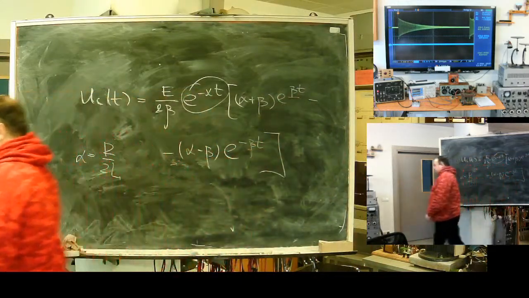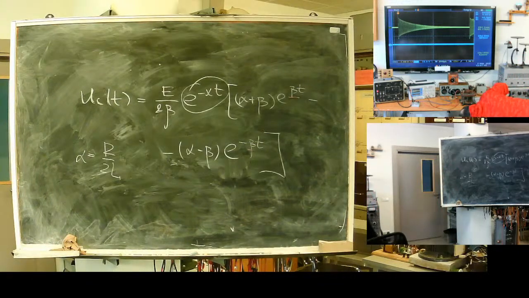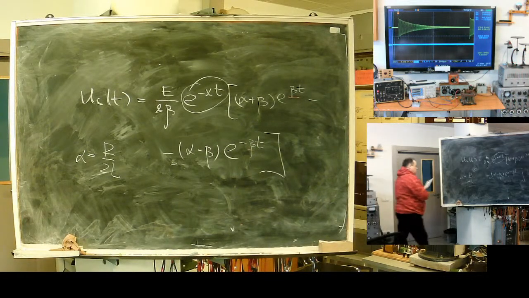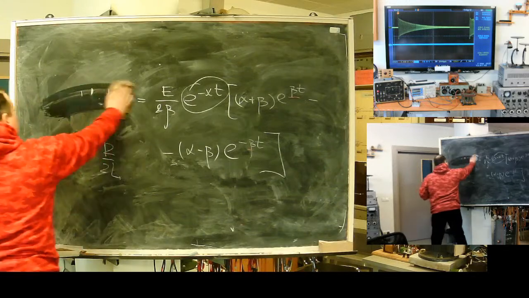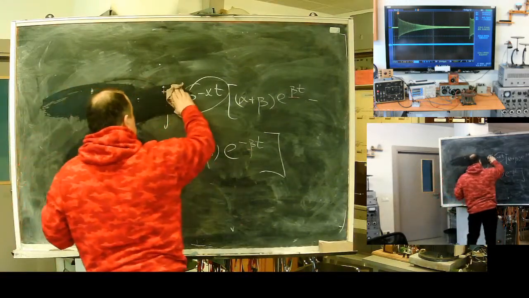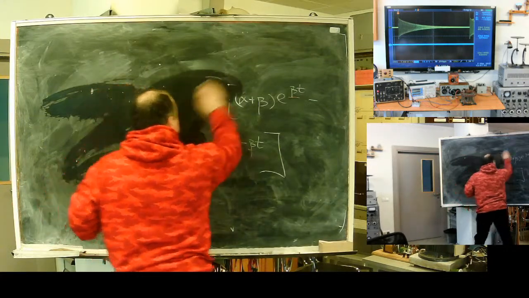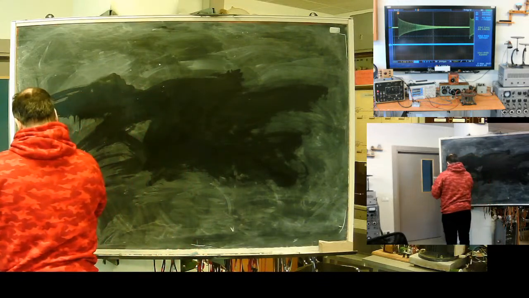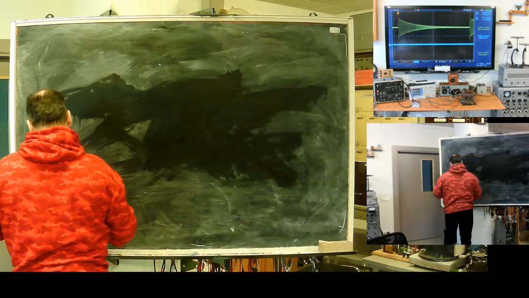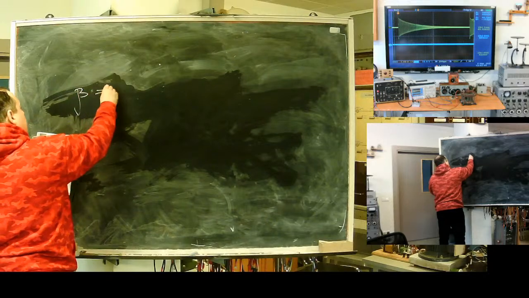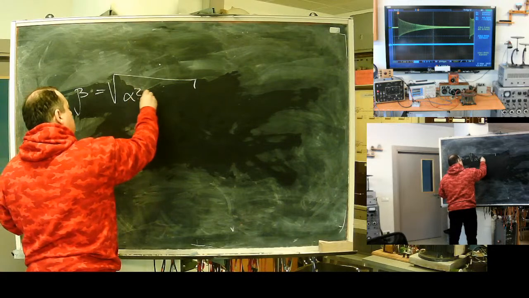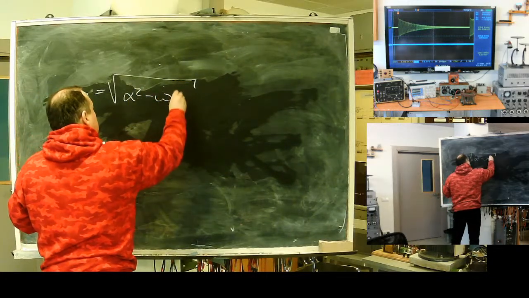These two betas, what's hiding under the beta? Beta equals the square root of alpha square minus omega 0 square.